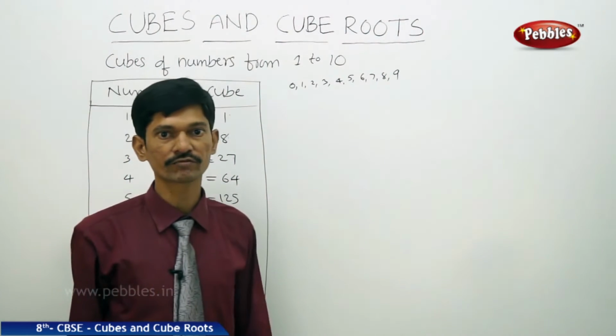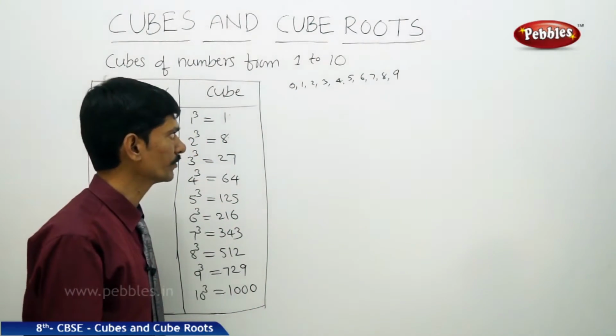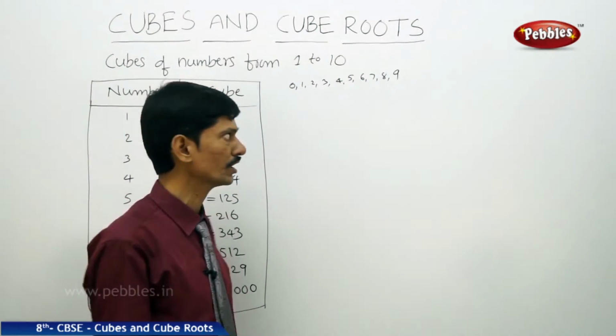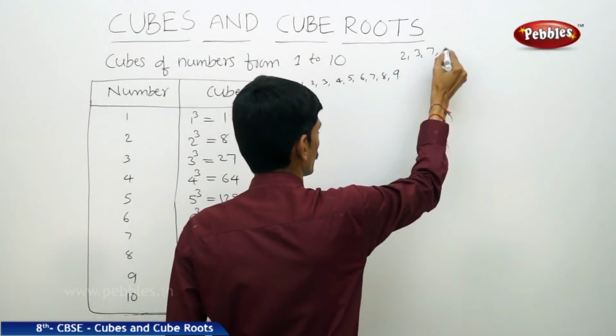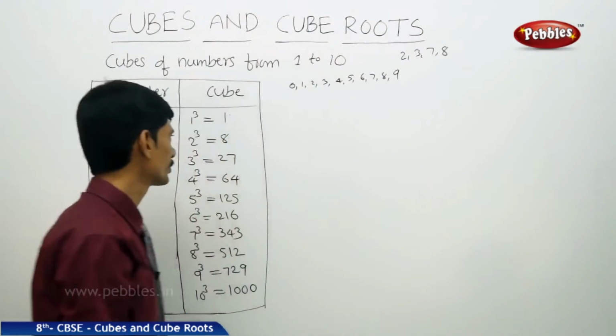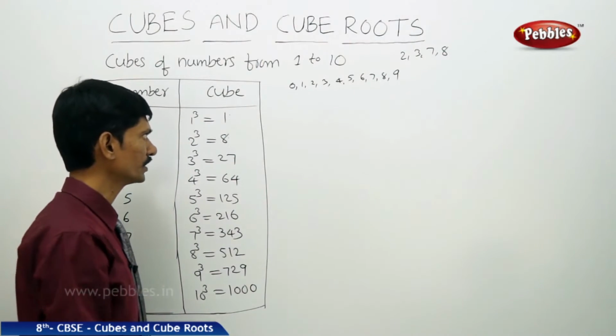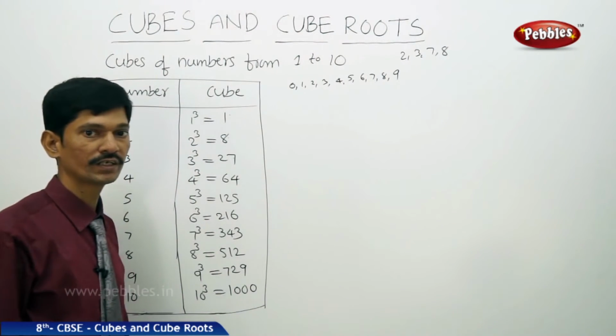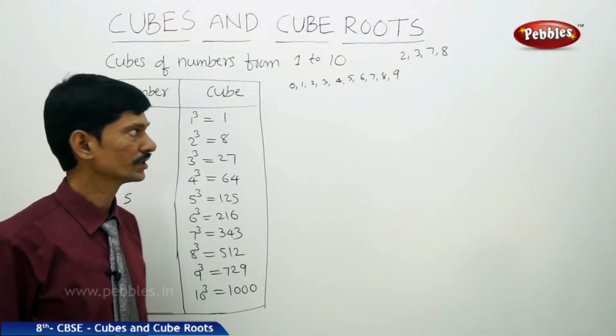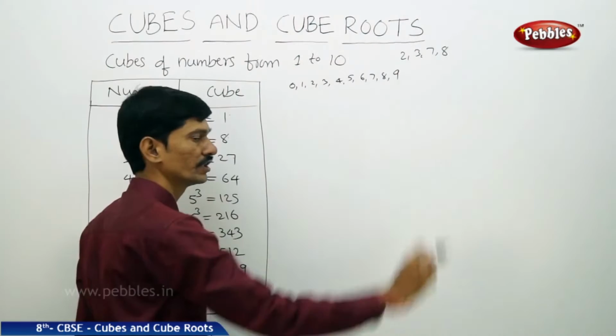But whereas any square number or any perfect square does not end with 2, 3, 7, 8. But here the cube of a natural number ends with all of these digits, which means the cube of any natural number can end with any of these 10 digits.